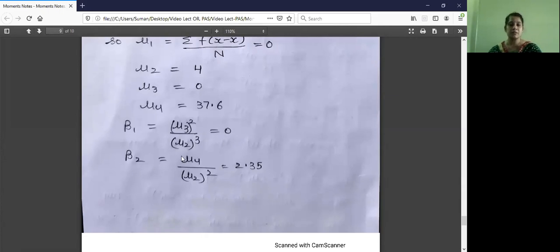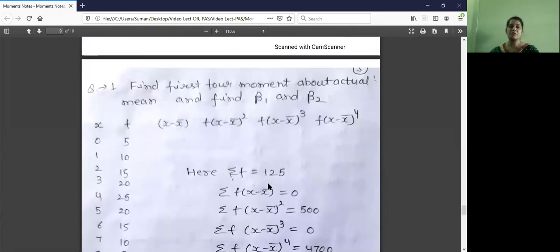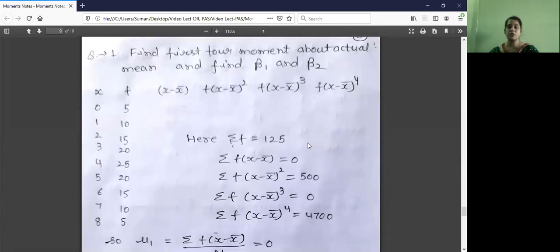Beta 2 is mu 4 divided by mu 2 squared. Putting in all these values, we get the answer 2.35. So this is the example of the first four moments about the actual mean. Got it? Okay. I will continue this topic in our next session.